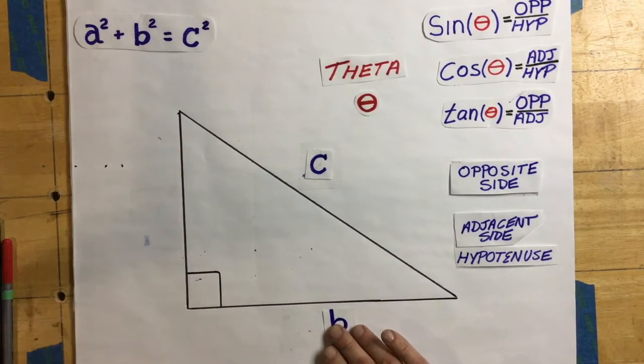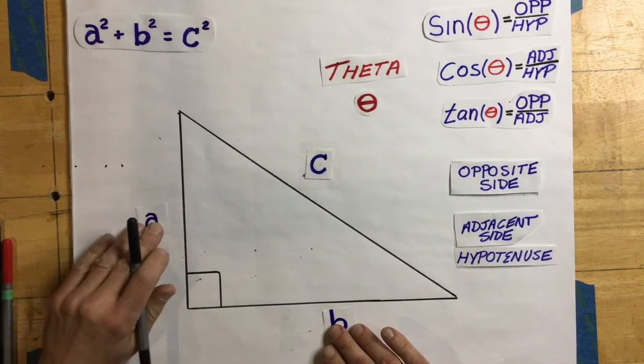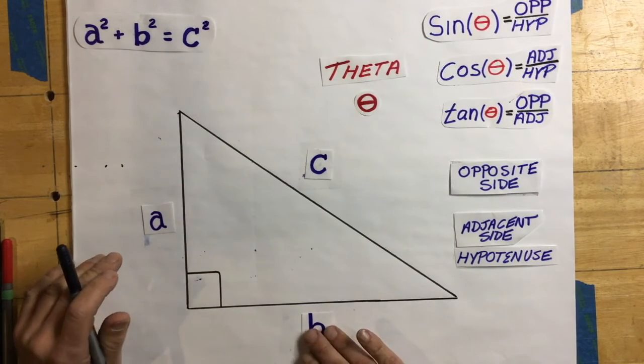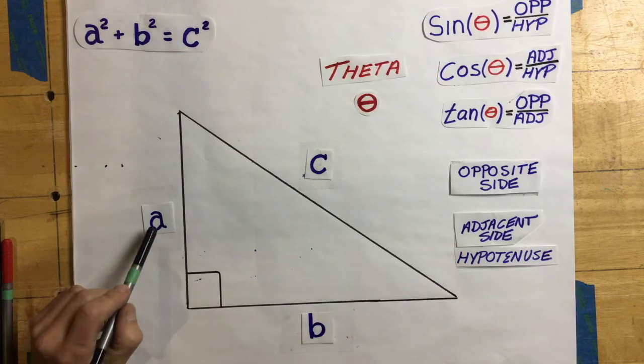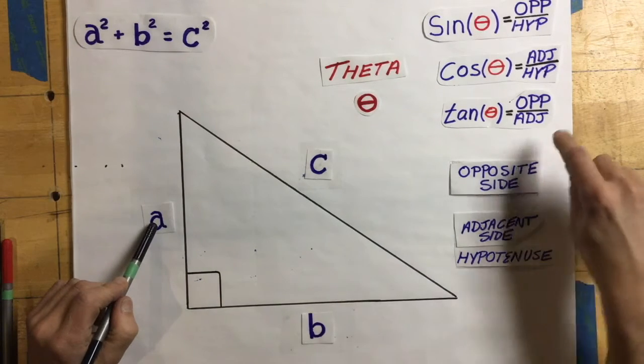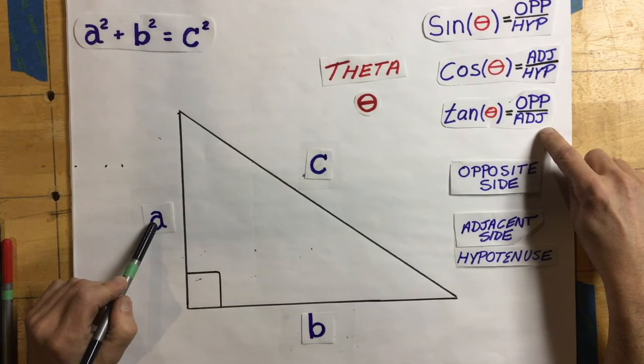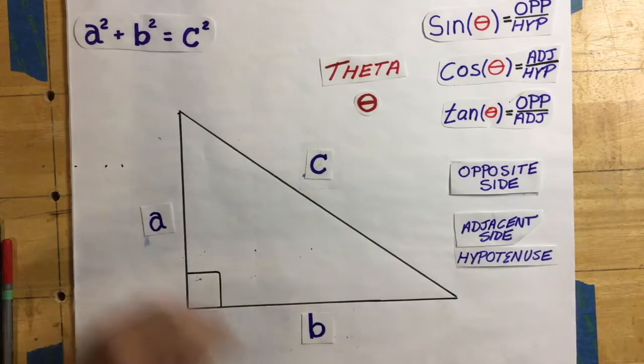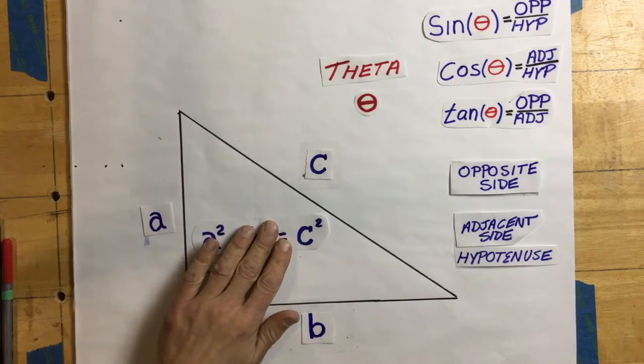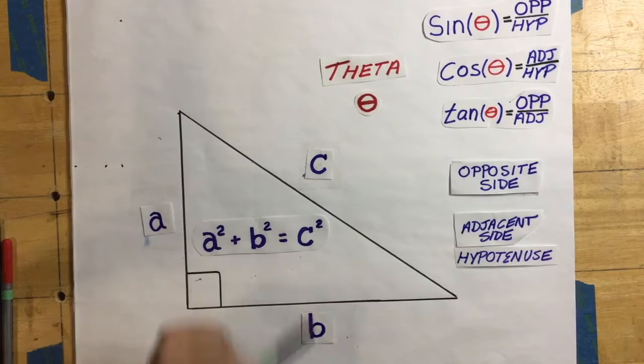It really doesn't matter. The only thing I will bring up is that the A does not stand for adjacent when we get to looking at the sides of the triangle. So this just says that if I know 2 out of 3 sides of a right triangle, I can solve for the third using the Pythagorean theorem.